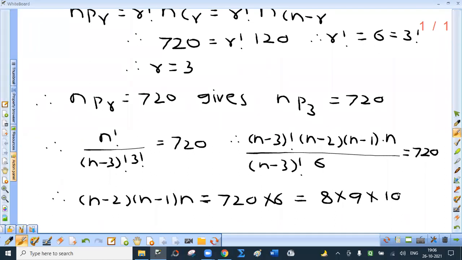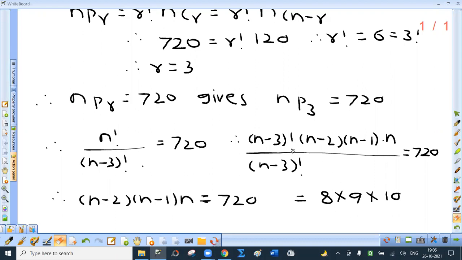Just a minute. No, 8, 9, 10. Is this correct? Yes, it is. I'm sorry. Basically, this is nPr, right? Now this is correct. See, what is nPr? It should be n factorial upon n minus 3 factorial, it is 720.